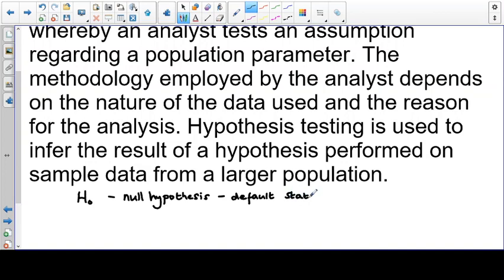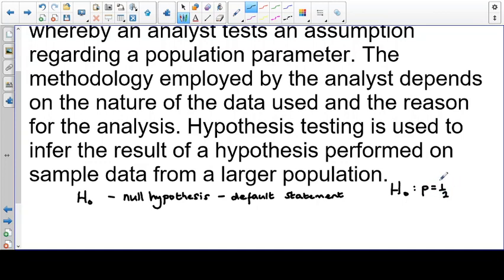Okay? If, for example, you had a coin and you wanted to do an experiment to see if your coin landed on more heads than tails, so you thought your coin was biased, the null hypothesis in this case would be P equals half, because our default statement is that the coin is fair.